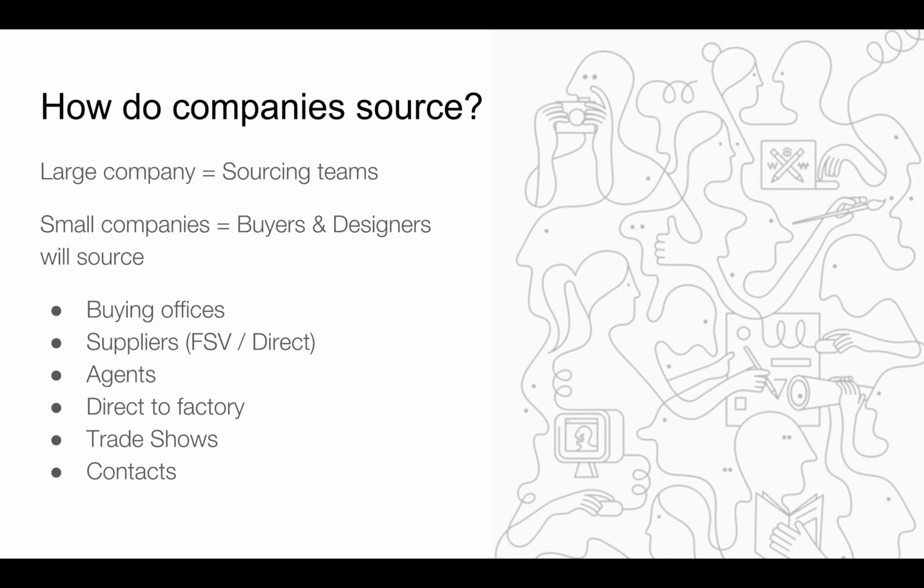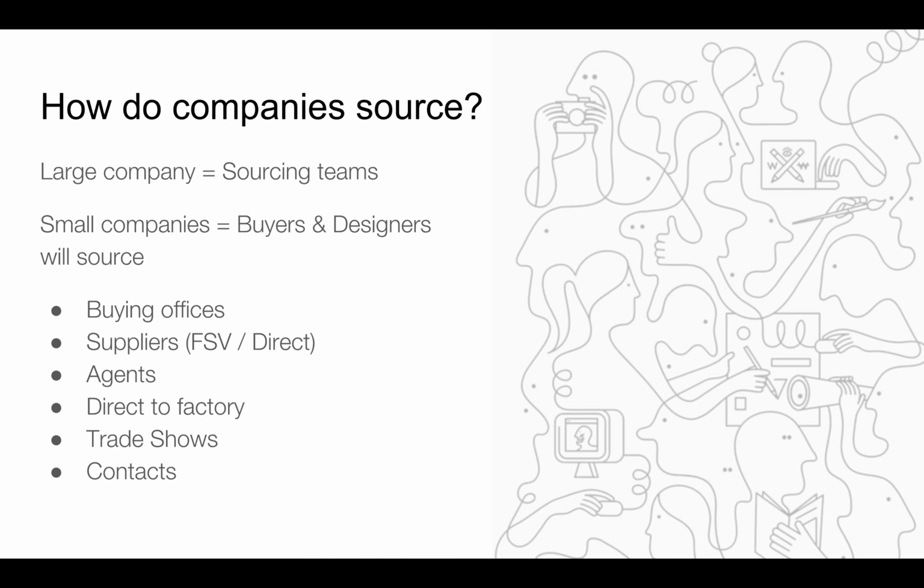So how do companies source? Large companies have sourcing teams, sometimes called central sourcing, or it might be a person that sources across all the different departments. Small companies, buyers and designers will source directly. So you'll source from your buying offices.